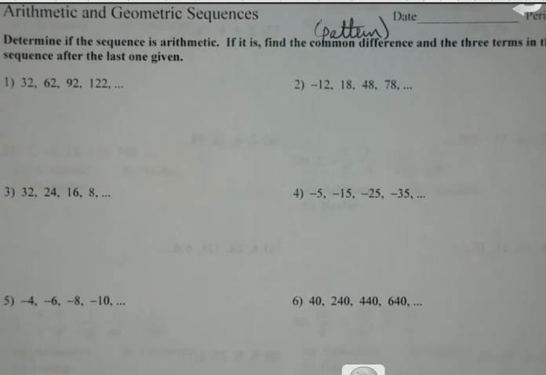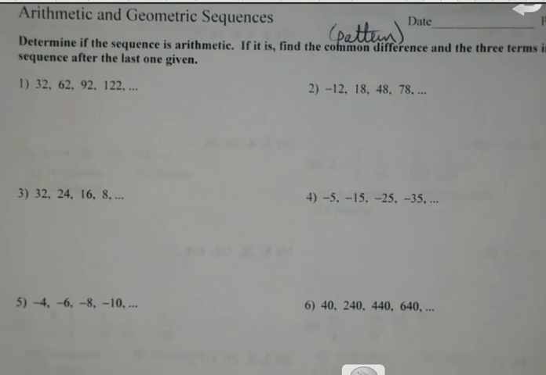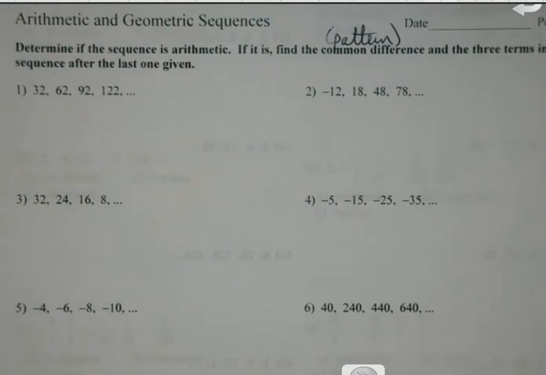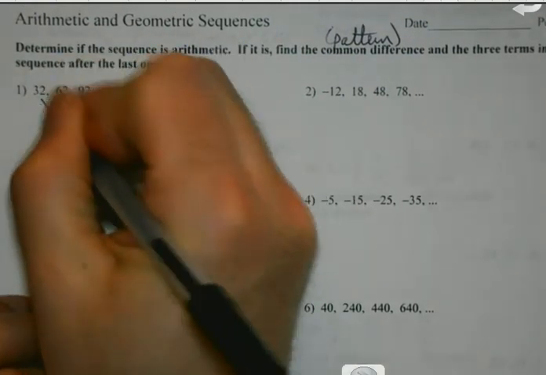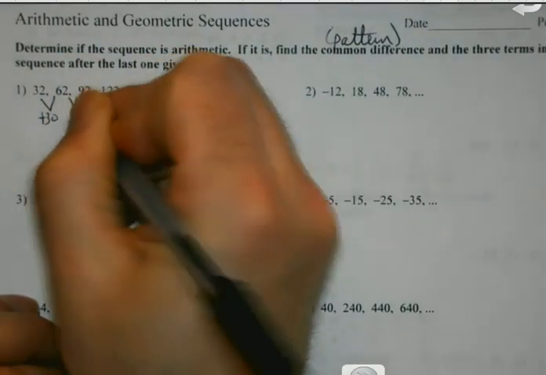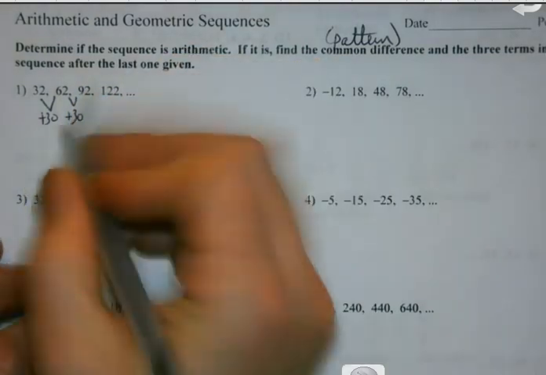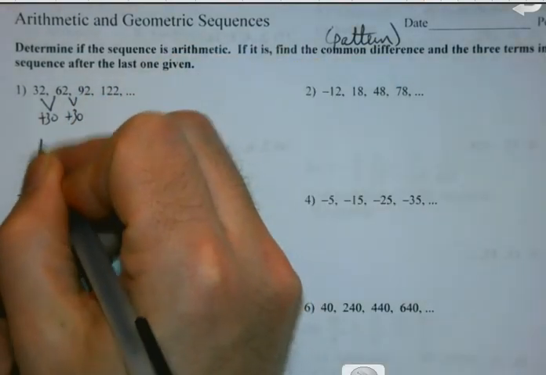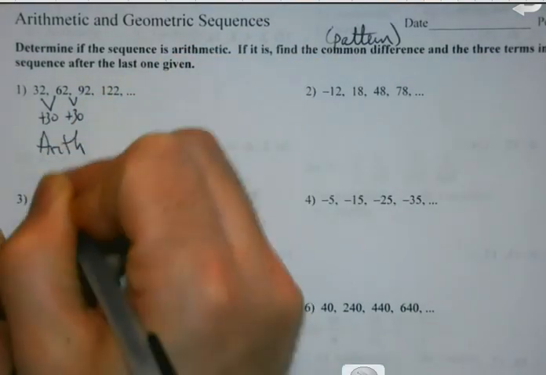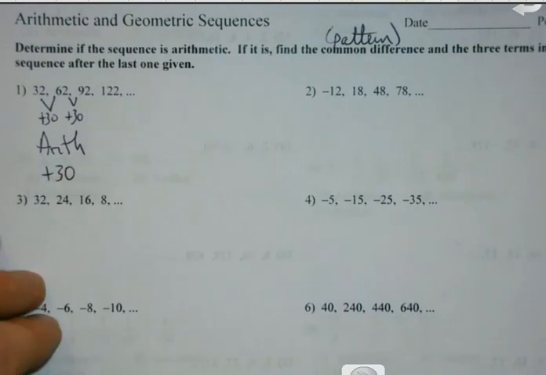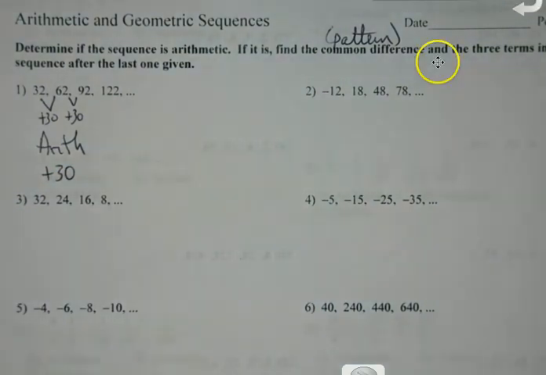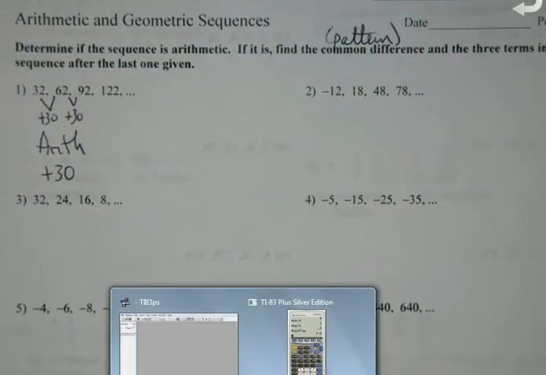If it's not, then you don't have anything left to do. But if you do, we need to work on finding that. So, it looks like I got a pattern here of add 30. So, it is arithmetic. The pattern is plus 30, and it says find the last 3 terms if you can do this. Okay.